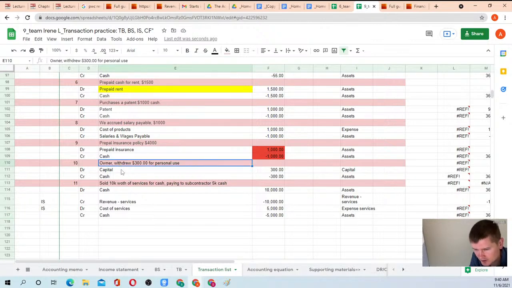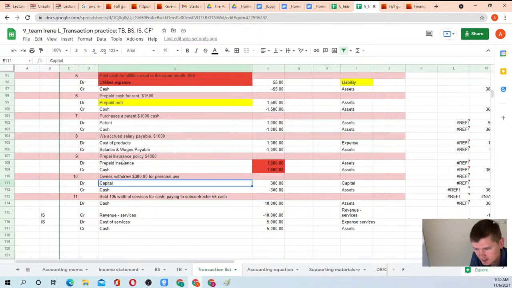Owner withdraw 300 for personal use. Capital, cash, that's correct. Prepaid insurance policy 4,000. Prepaid insurance, cash. That's an interesting one because it depends on whether we actually used that insurance in that month and for how long we prepaid it.